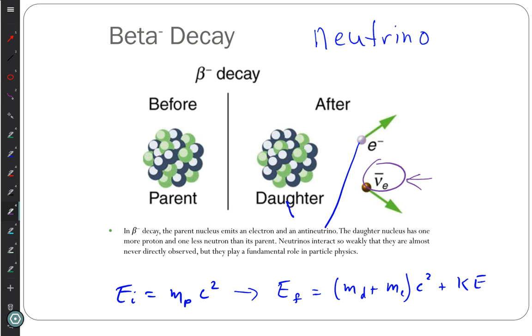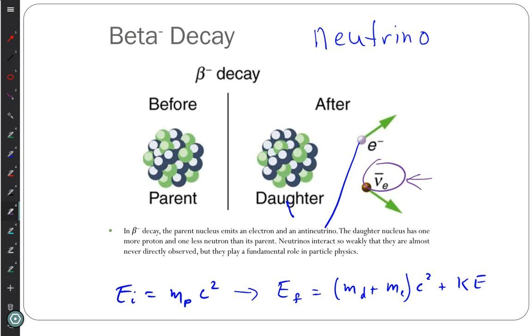All of that said, that's a beta minus decay. Where did the electron come from if it wasn't in the nucleus? It was created.